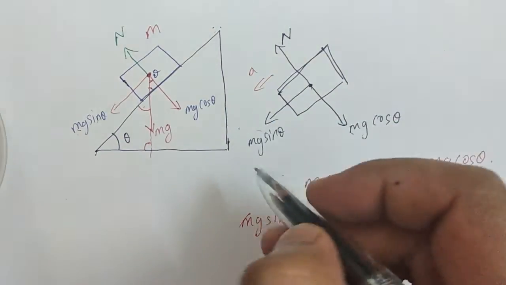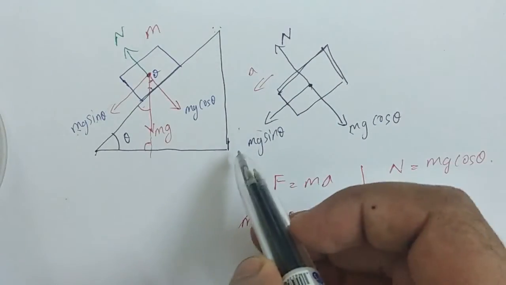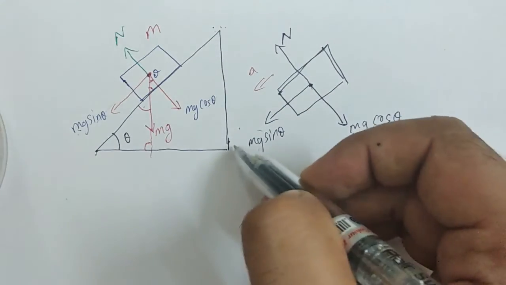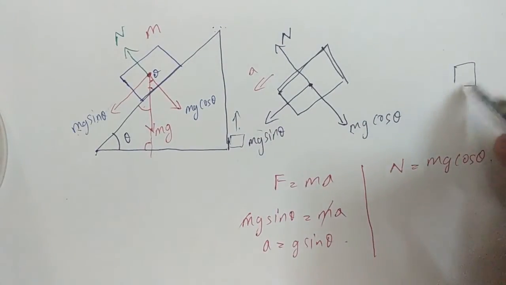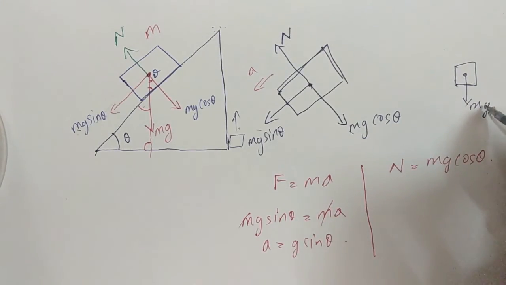In this case, if you intend to raise this block through a height from the ground, the weight of this block would be acting in this direction, so you need to work against this weight.